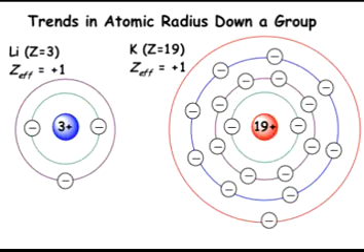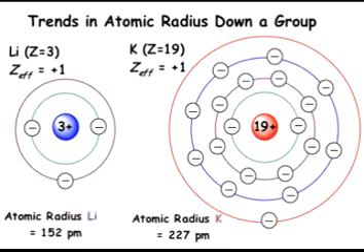As we can see, the atomic radius of lithium is much less than that of potassium. That's because of the increasing number of n levels and the increasing number of electrons that shield the positively charged nucleus from the valence electron.